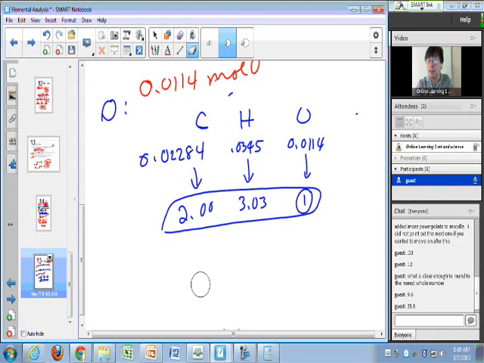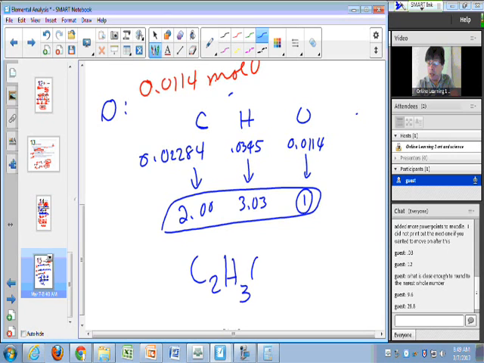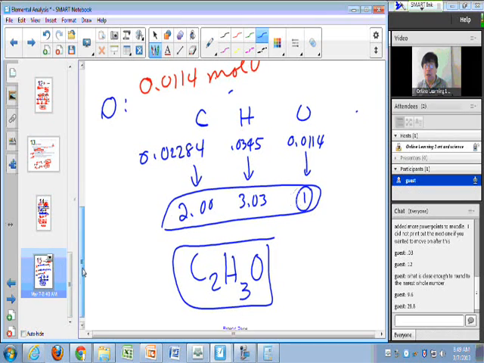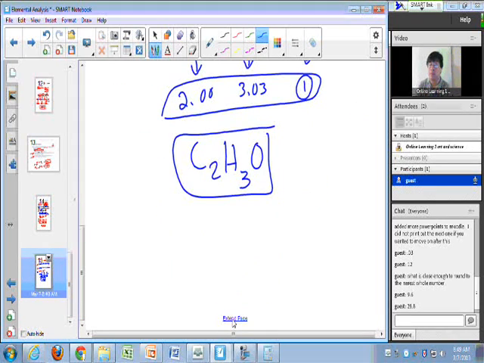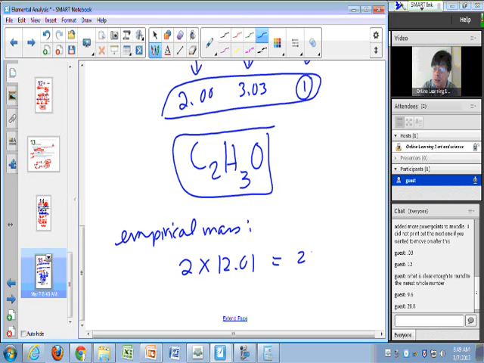It's going to be C2H3O. What's our empirical mass? It would be 2 times 12.01, that's 24.02. 3 times 1.008 would be 3.024.